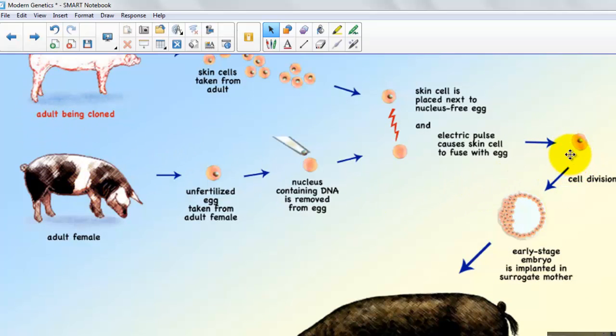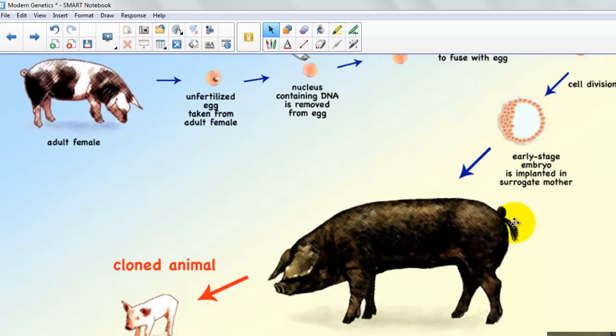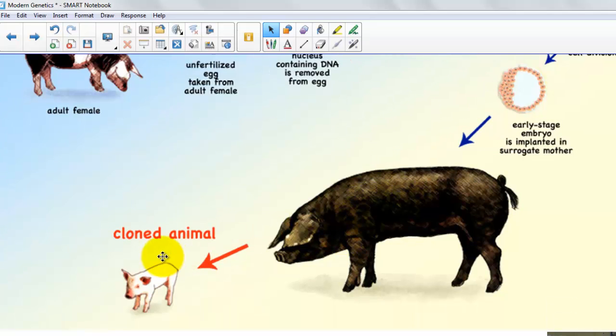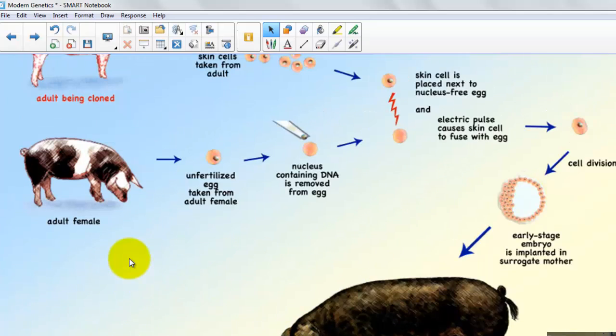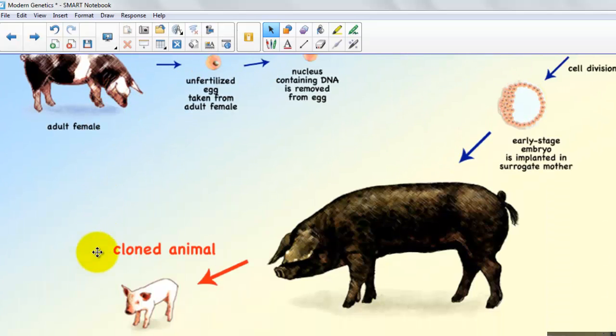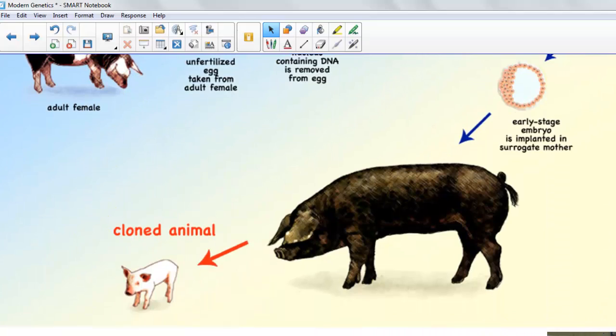Now this new DNA will hopefully grow and divide in the egg cell, and it goes into a surrogate mom to carry it, let it grow and develop. At the end, we come out with our cloned animal, and this pig will hopefully produce that really good bacon. It should be exactly the same as the original, same DNA. If we feed it the same, it should be pretty much the same animal genetically. Lots of good bacon. All right, so that's the overview of how we clone. We'll talk more about that in class.